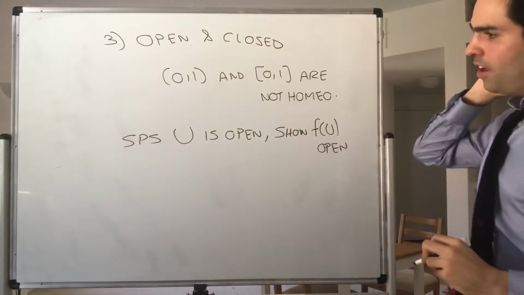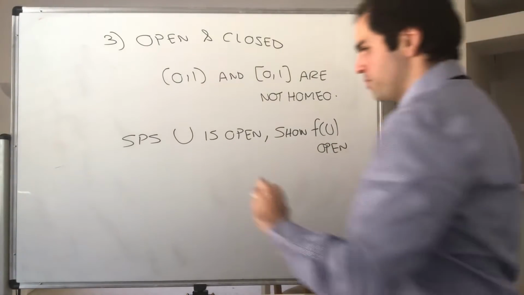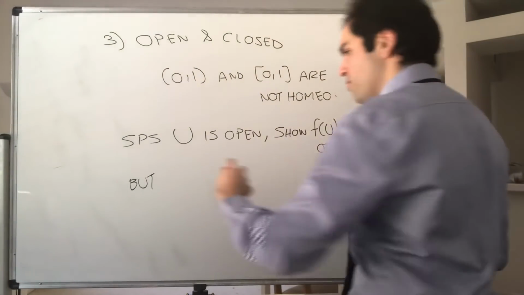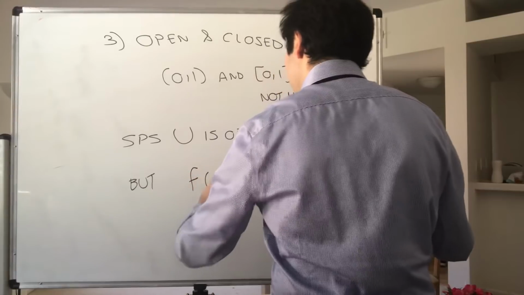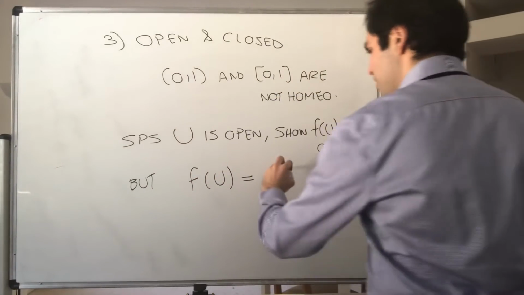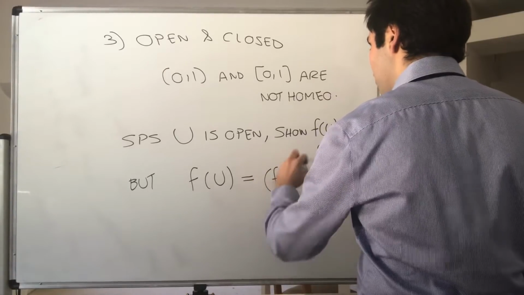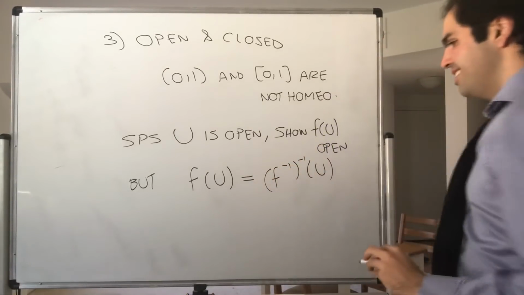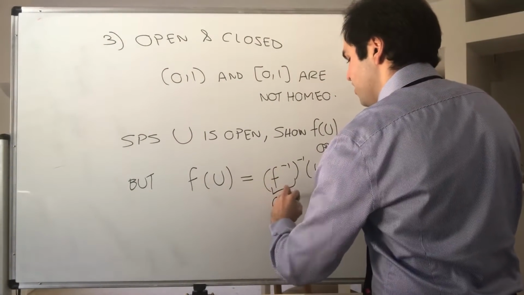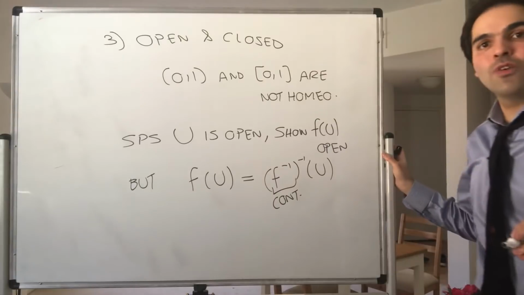However, what is F of U? Remember, F is a homeomorphism, so it's invertible. So F of U, let me see, it's F inverse of U. And here's the cool thing. So F inverse of U is continuous because F is a homeomorphism.